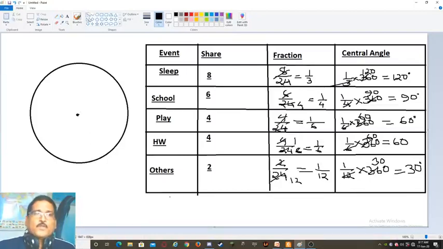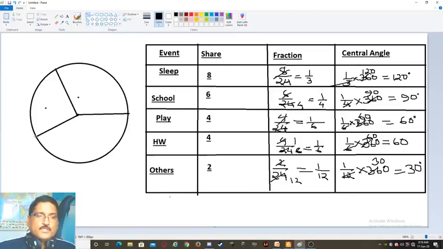Now draw one radius. This should be the baseline. Place your protractor here and draw 120 degree. Suppose with the help of the protractor I have drawn and it shows 120 degree. Now this should be the baseline and draw 90 degree. 90 degree is perpendicular, very simple.